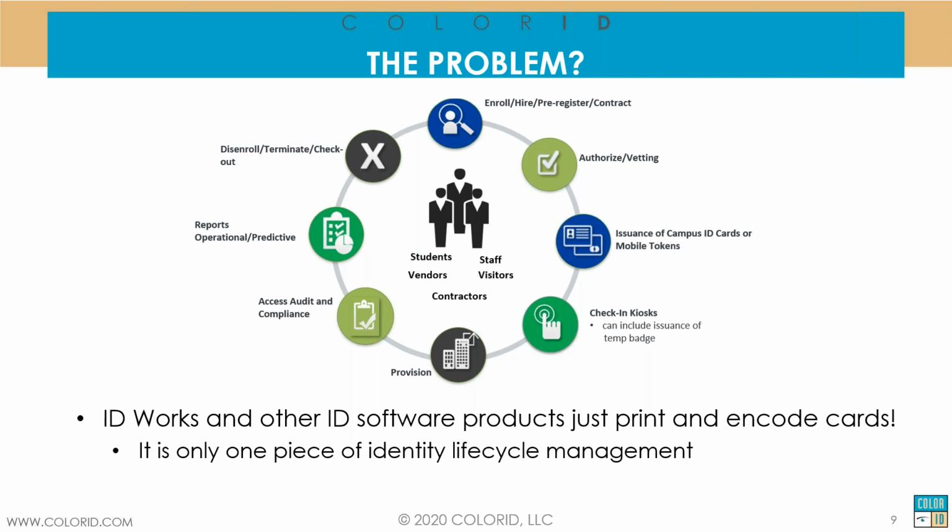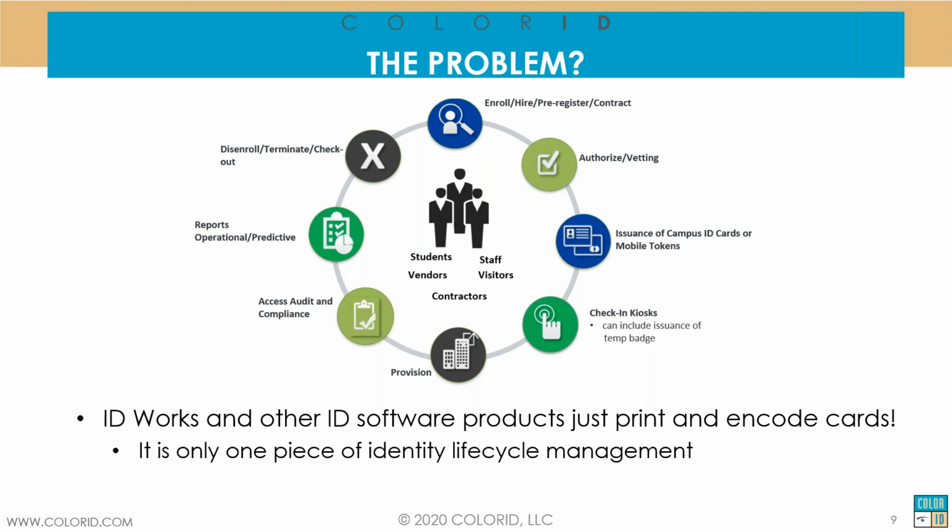You're able to make sure everything is done in the way that it should be done, and then you can produce reports to say that yes, it was done properly, and you can even do forensics if you need through that reporting, and it follows that identity all the way through its life cycle till somebody leaves the school or is terminated or checks out, whatever it is, whether they're permanent or visitors.